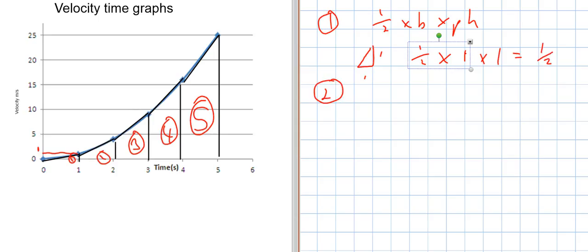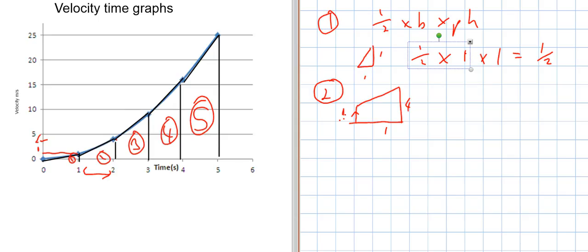Section number 2, we've got our trapezium. I'm going to draw a little diagram of the trapezium, and it has a base width here of 1. One of the parallel sides has a height of 1. Our other parallel side has a height of 4.